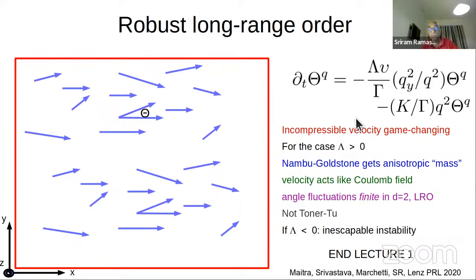Yes. So does this explain the experiments with basically this vibrated granular beds experiment? So there, I think the point is, you don't really have an incompressibility constraint. But even in that system, probably if you measure the angle fluctuations, unless you go to very, very large length scales where you can kind of see the compressibility coming in, this physics is sort of present.